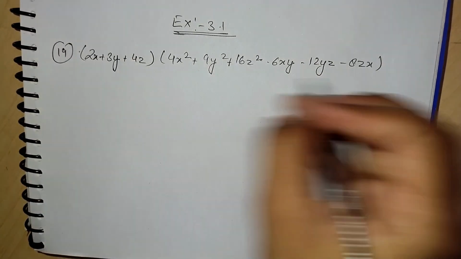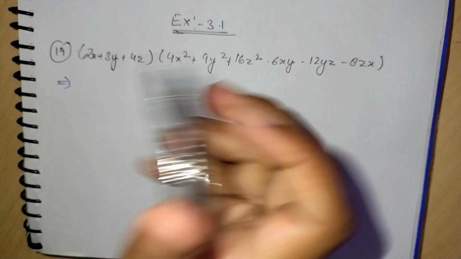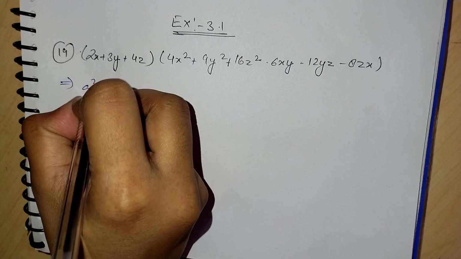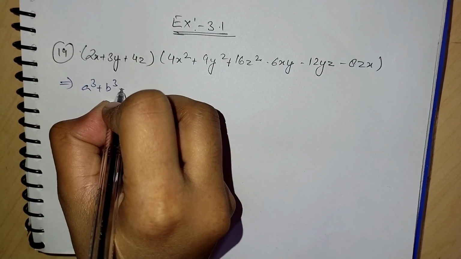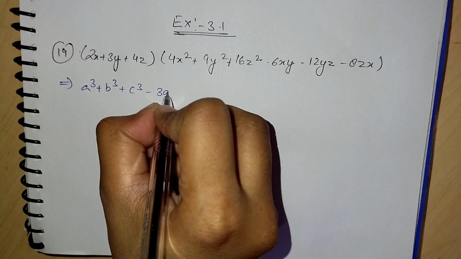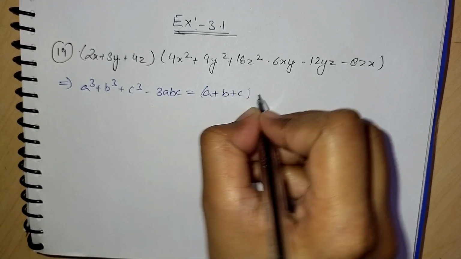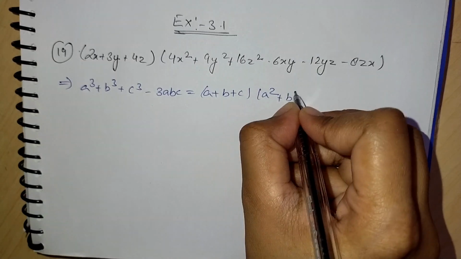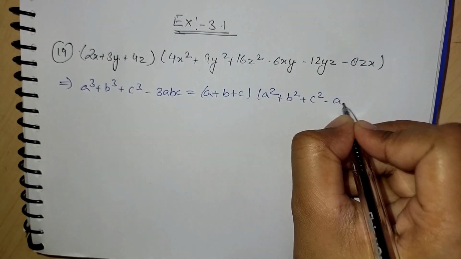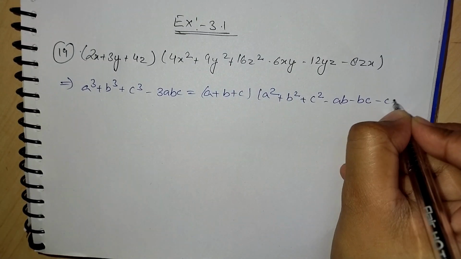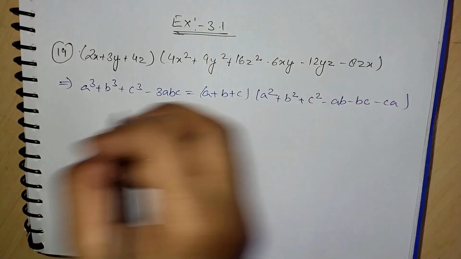On seeing this part, we get that it is the formula of a cube plus b cube plus c cube minus 3abc. It will be a plus b plus c, where a square plus b square plus c square minus ab minus bc minus ca. So this is the formula.